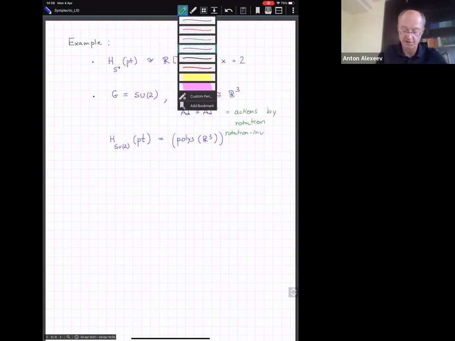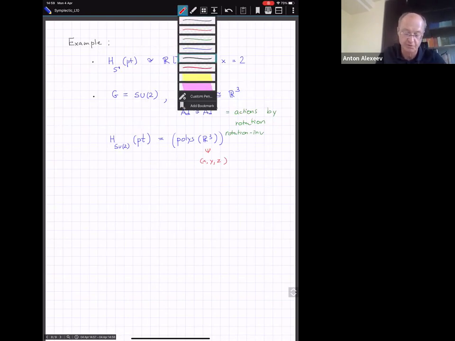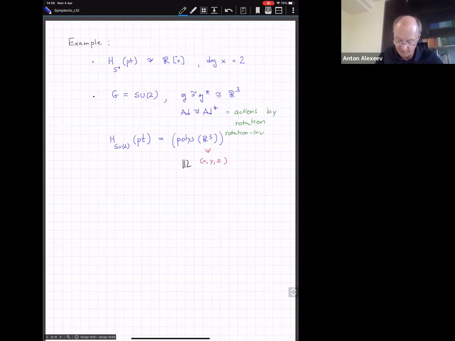So if we say that in that R^3, we introduce coordinates x, y, z, then, of course, you know what rotation invariant polynomials on R^3 are, right? So this is the same as polynomials in Xi, which is x squared plus y squared plus z squared, right? So this is again a polynomial algebra in one variable.